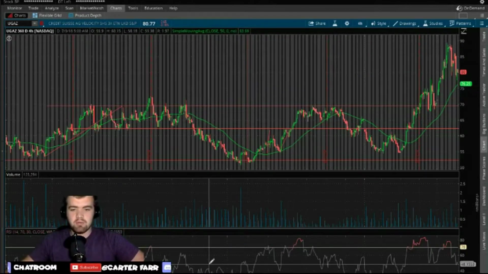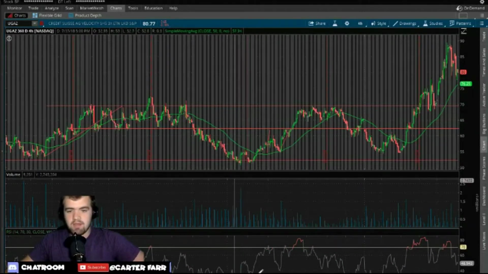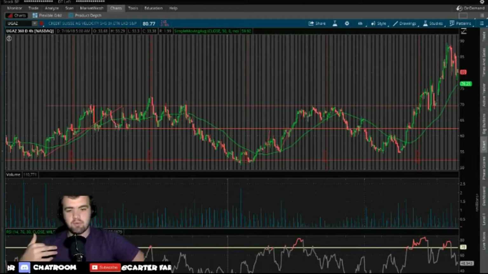So let's say you saw this stock crash to here, and you saw the RSI line turn green, for me that is a good indication for it to go up.